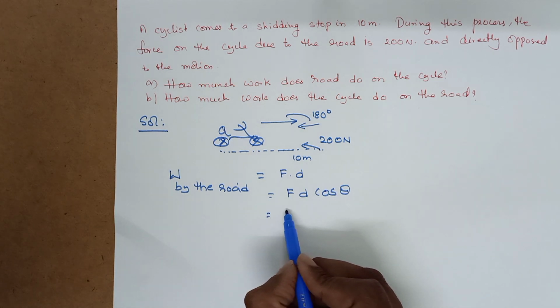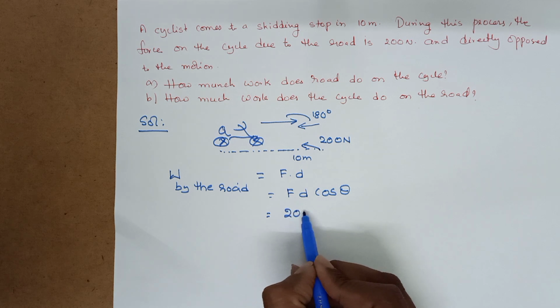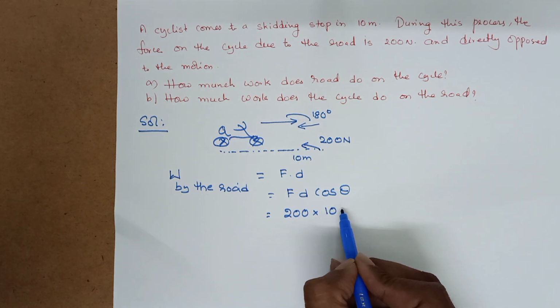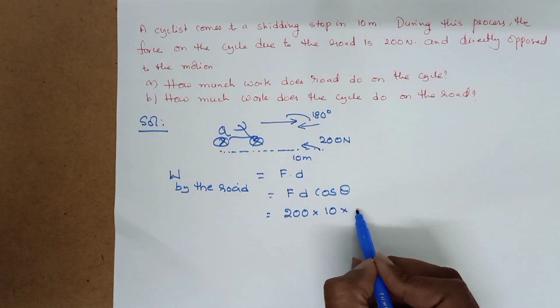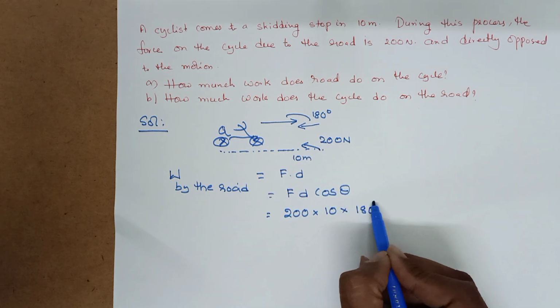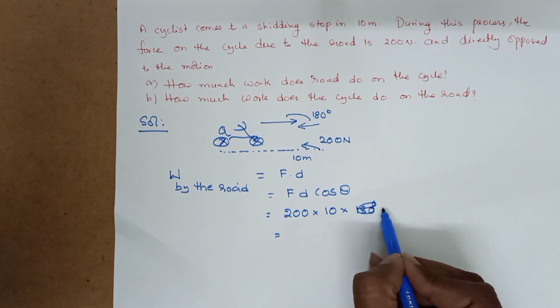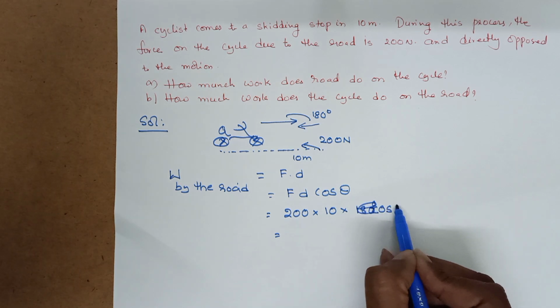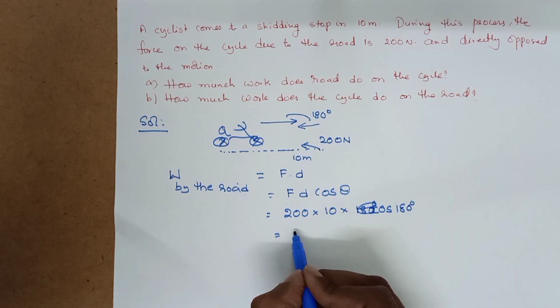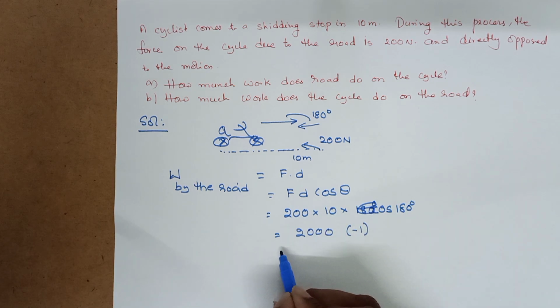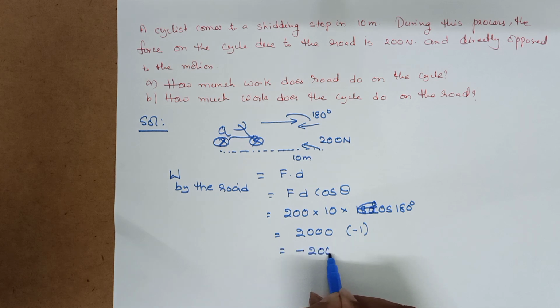F is 200 newtons which is applied, and 10 meters has been traveled. The angle between them is 180 degrees. So cos 180 degrees is minus 1, so 2000 into minus 1 gives minus 2000 joules.